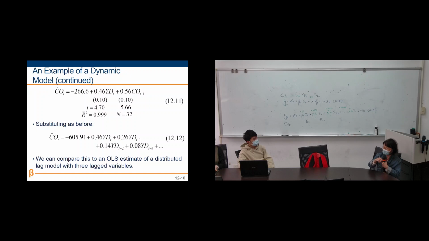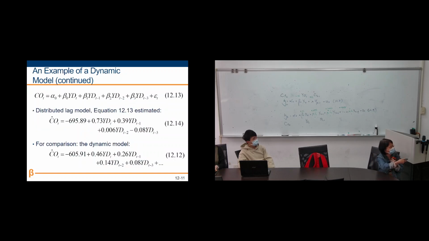Okay, this is the result. How come these two numbers are different? Let's put this, different lags.